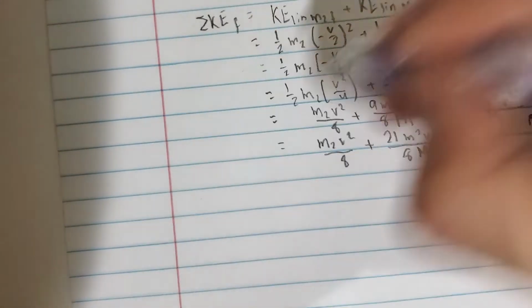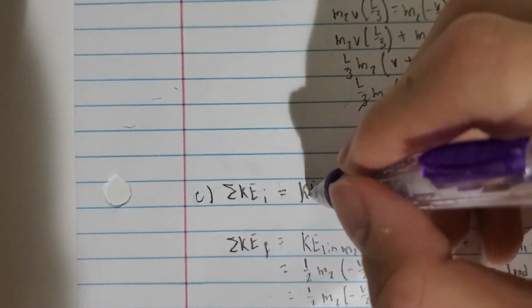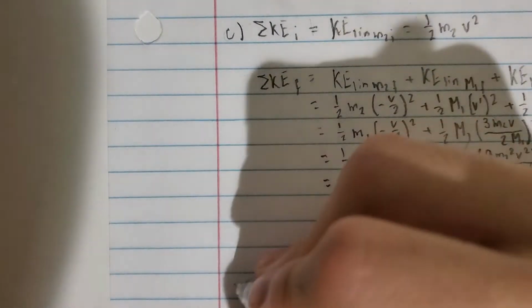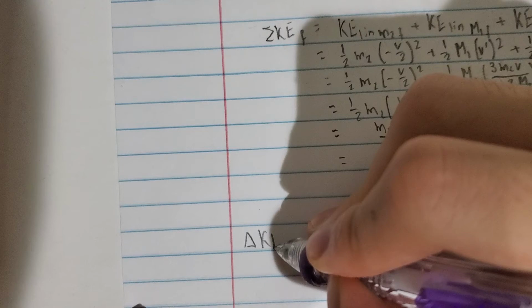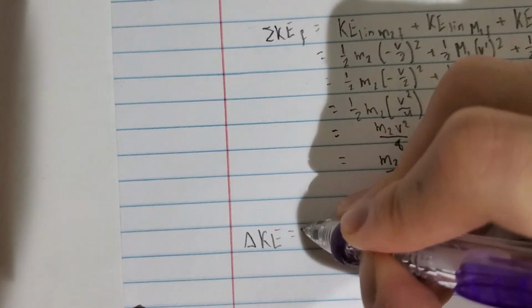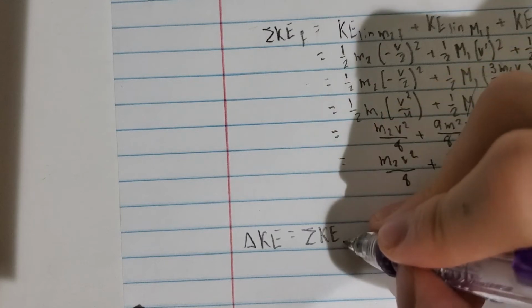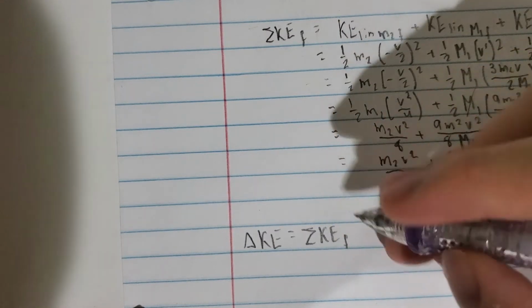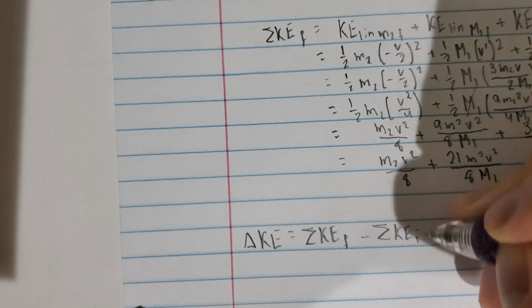now I have to subtract. I wanted to find a change in kinetic energy, so I have to subtract this and that. So change in KE is equal to total kinetic energy final minus total kinetic energy initial.